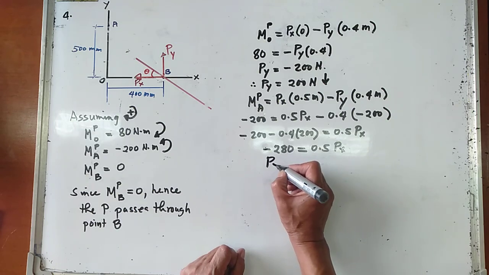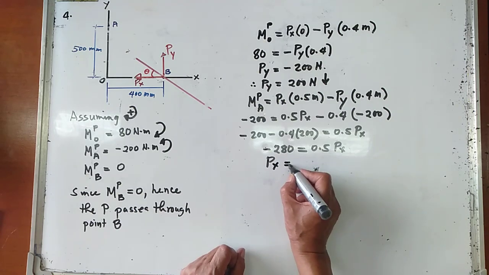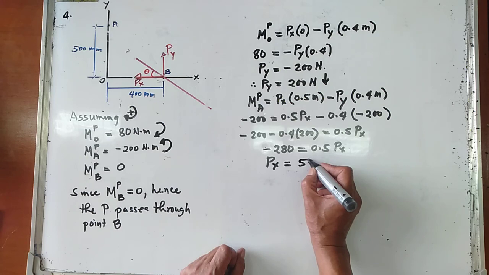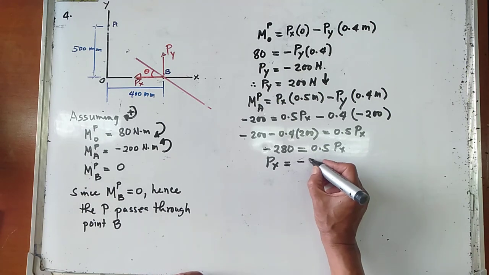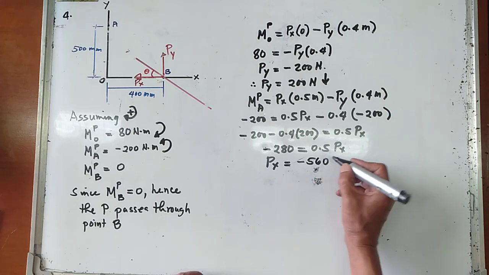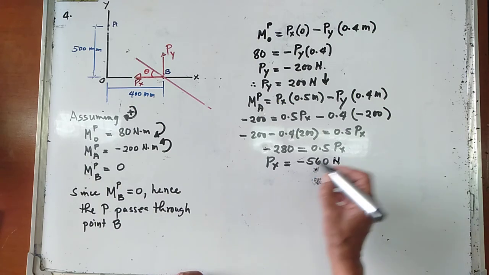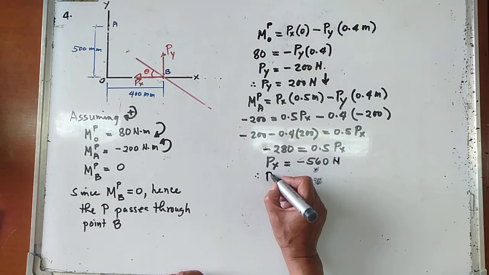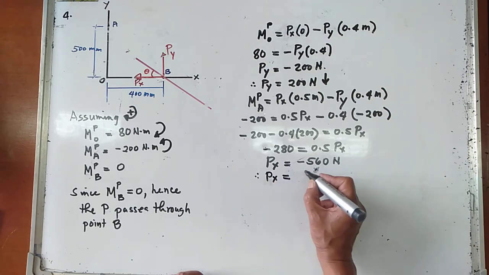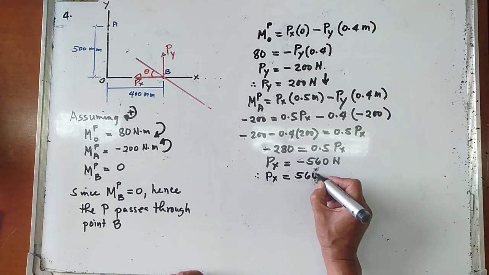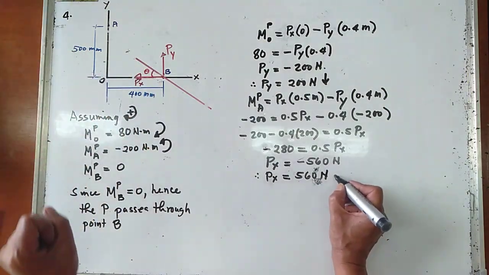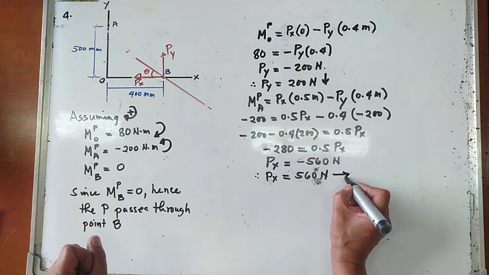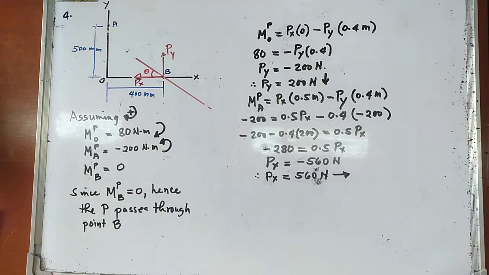Hence, Px in here is equal to negative 560, so negative 560 newtons. We assumed this to be going to the left, and therefore it will go to the right.